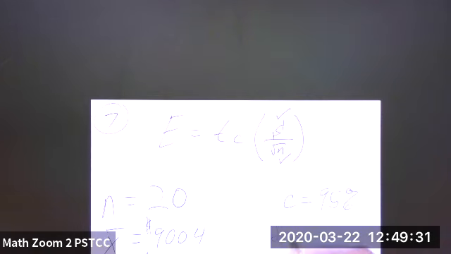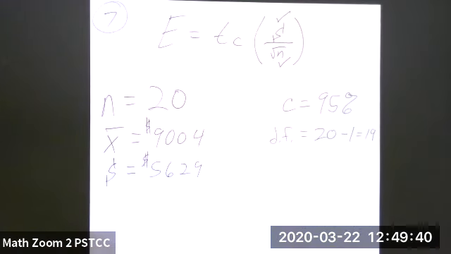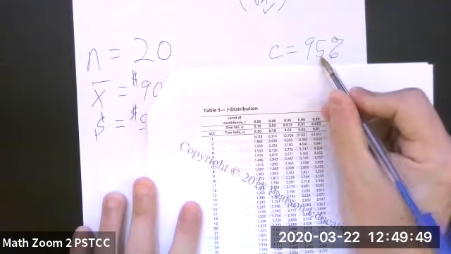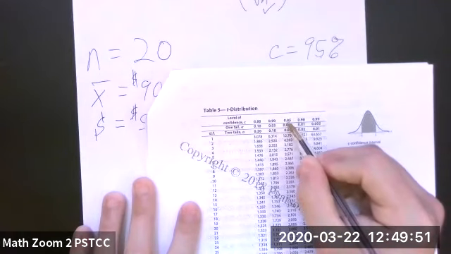To use the table, we need degrees of freedom, which will be 20 minus 1. If we go to the t distribution, again, we're using 95%. So we're going to go to the center column here.